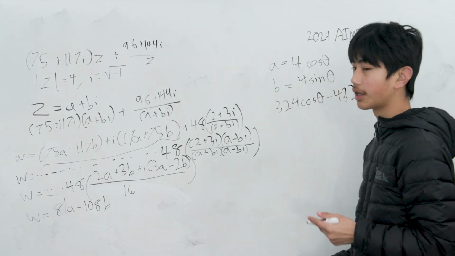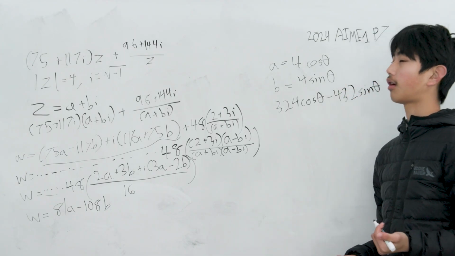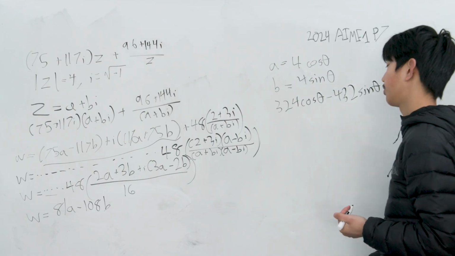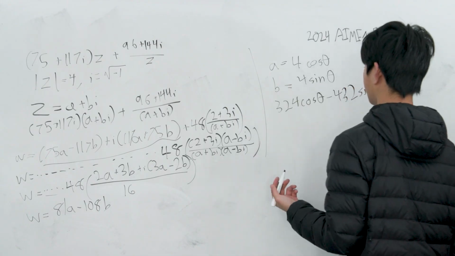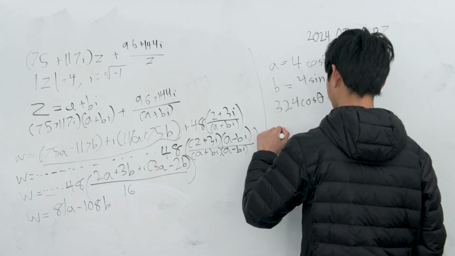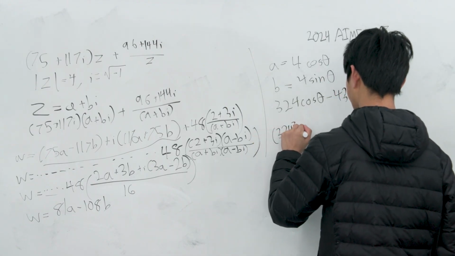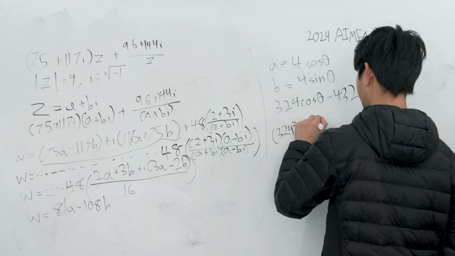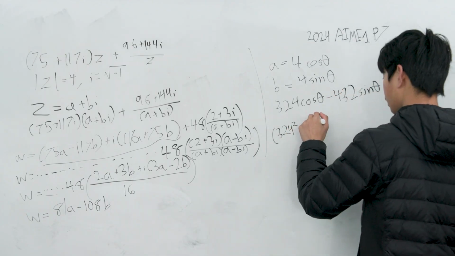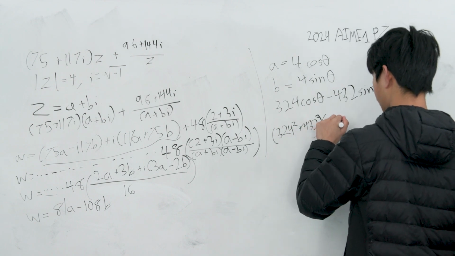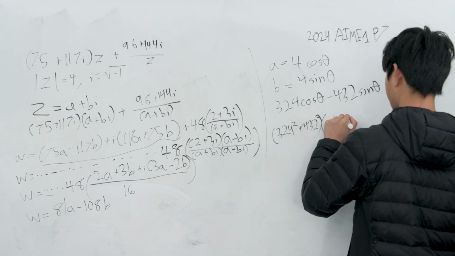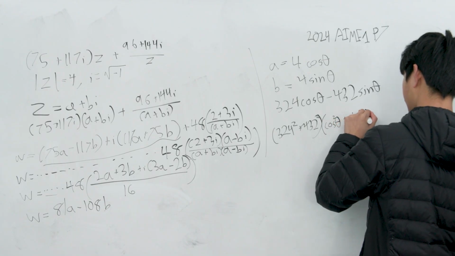And then we can use the Cauchy-Schwarz inequality. I don't know if I'm pronouncing it right, but it's (324 squared plus 432 squared) times (cosine squared theta plus sine squared theta).